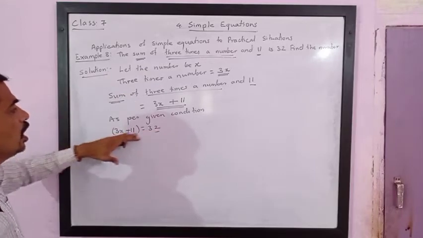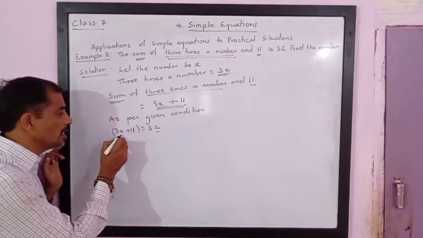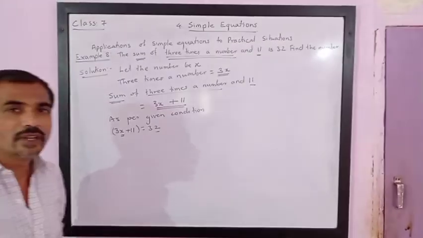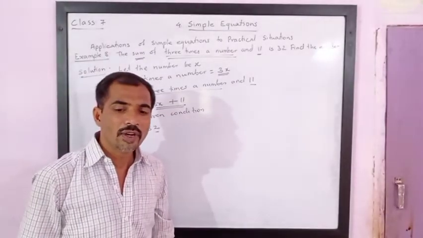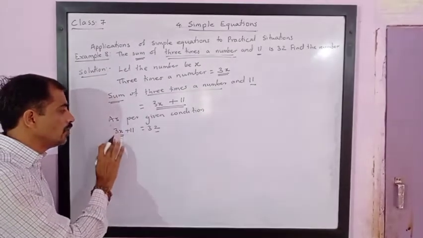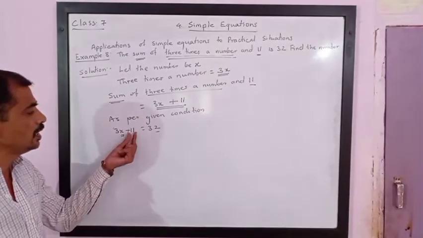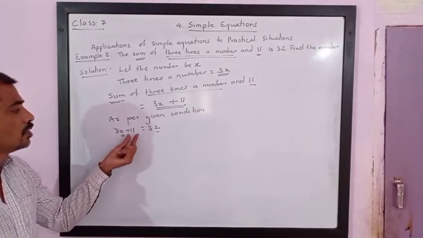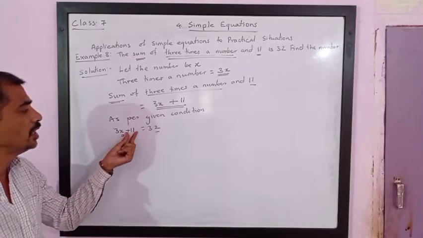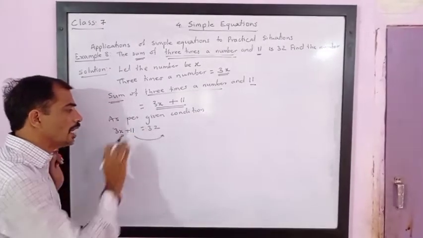Now, to find the number, we need to find the value of the variable. First, we have to eliminate 11, because this term does not contain the variable. We eliminate 11 either by transposing it or by subtracting 11 from both sides.